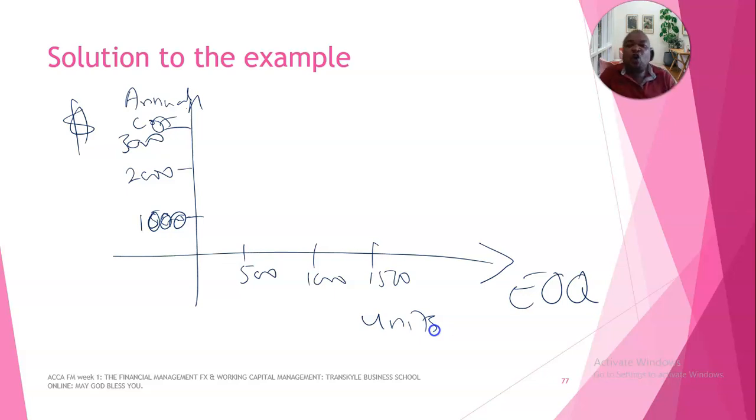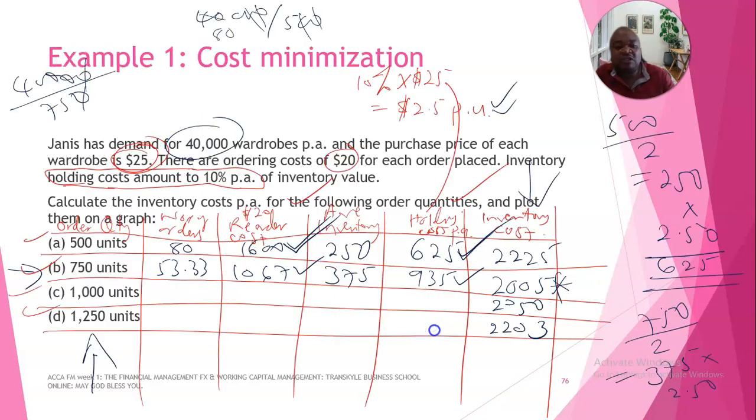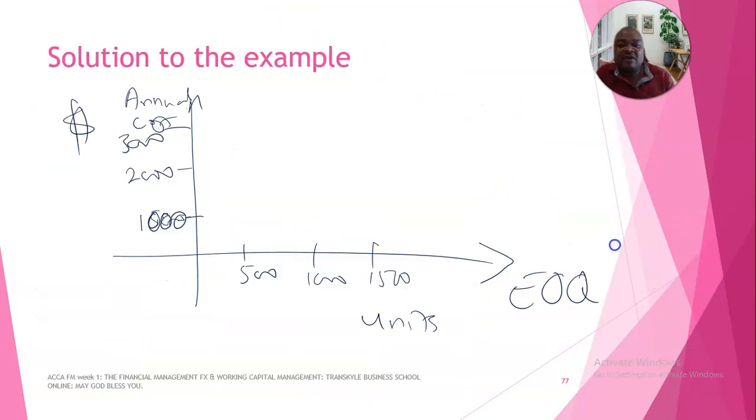All right, so let's start. The first order quantity was 500 and the cost was 2,225. So at 500, the cost is 2,225, so we can put our X there.